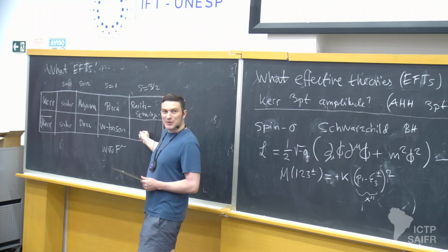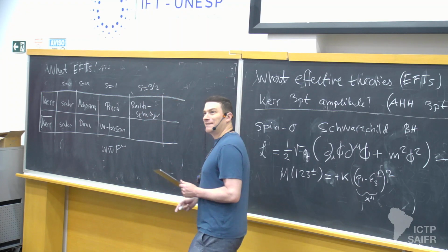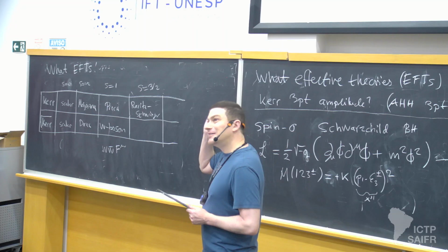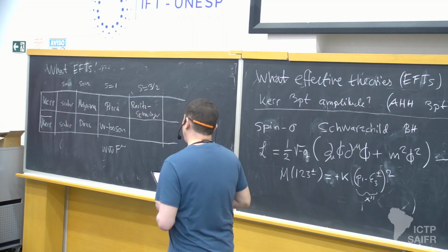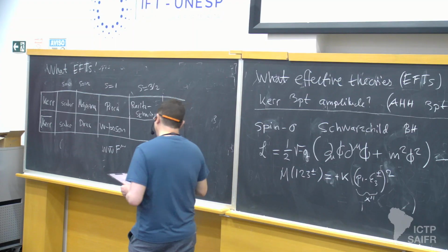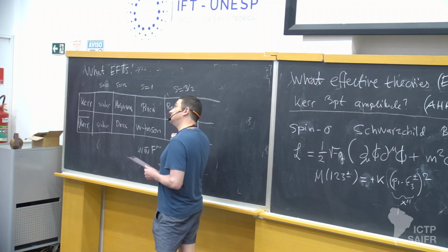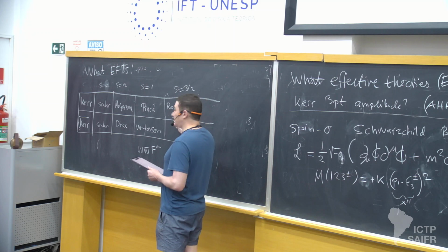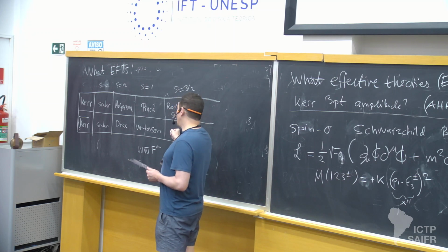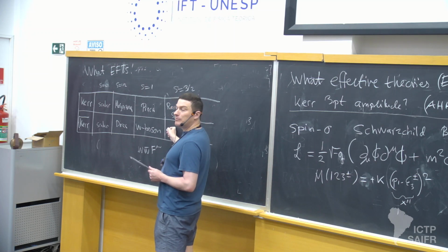Anybody want to take a guess what goes here? You're talking about the double copy? Yeah, well, I'm not sure actually. But let's say it's not a Rarita-Schwinger that goes here. So do you know any other spin 3/2 theory, which is very famous?